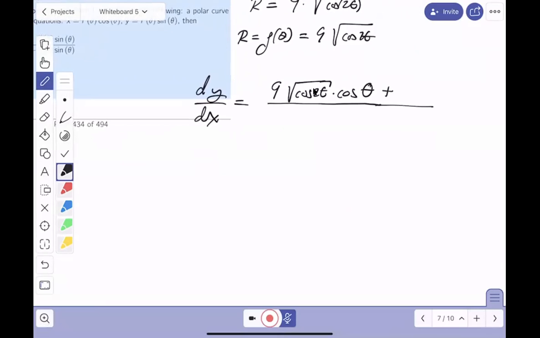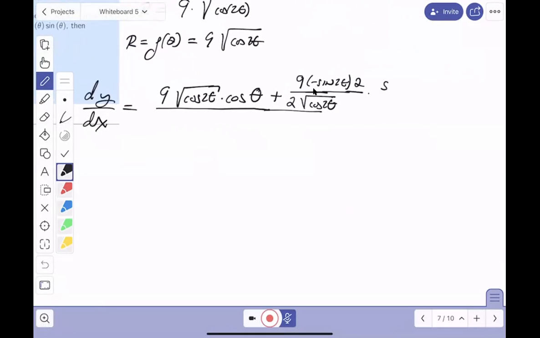Oh boy, that's going to be tough to put down. 9, and then I'm going to get 2 root cosine 2 theta over the inside, which is going to be minus sine 2 theta times 2, right, times sine of theta. This is kind of nightmarish, isn't it?